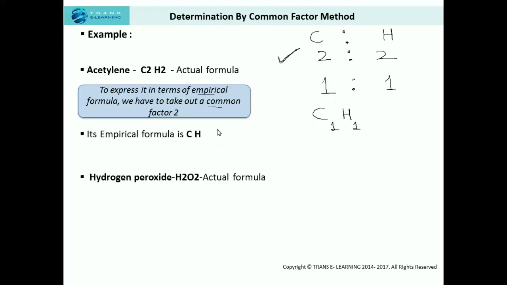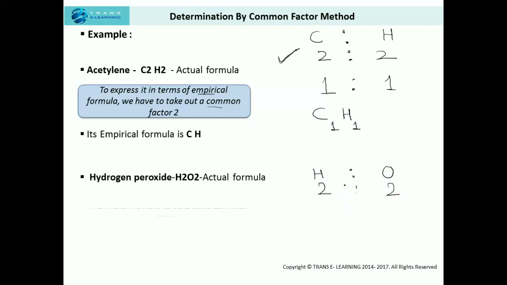Hydrogen peroxide, that is H2O2. I am writing the ratio of the atoms of the elements present in this molecule, that is 2:2. Again, these are positive integers, and second, we are taking into consideration the no common factor condition, but yes, they have a common factor, that is 2.